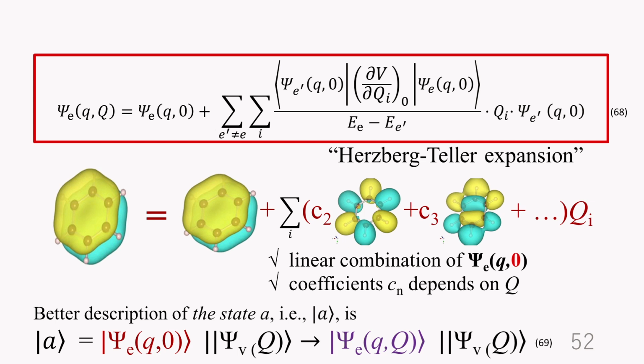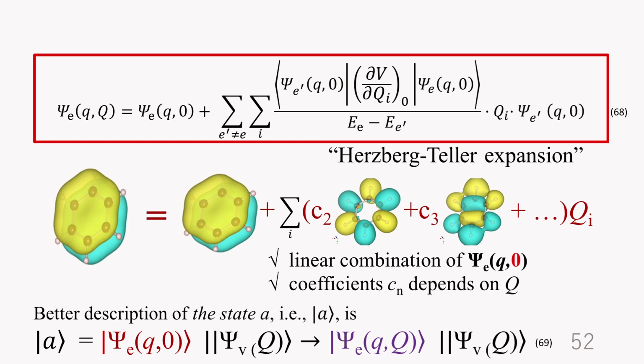So the electronic wave function during the vibration is expressed as the original one plus some additional wave functions. Okay? So it's a linear combination of the static wave functions, and the coefficient depends on Q. Q means molecular vibration.